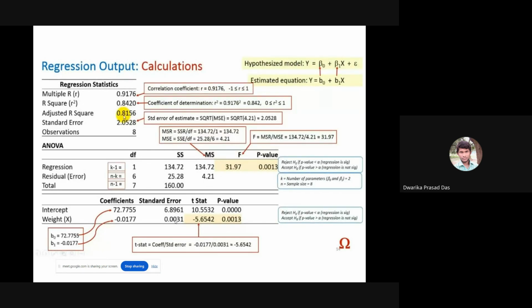Sir, please, if you can repeat, what is the difference between multiple R square, adjusted R square, and R square? As there are only two variables included in the model, what is the meaning of multiple R square here? And why do they differ so much in the data?